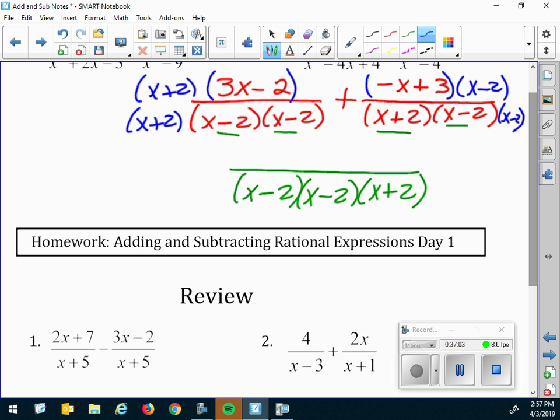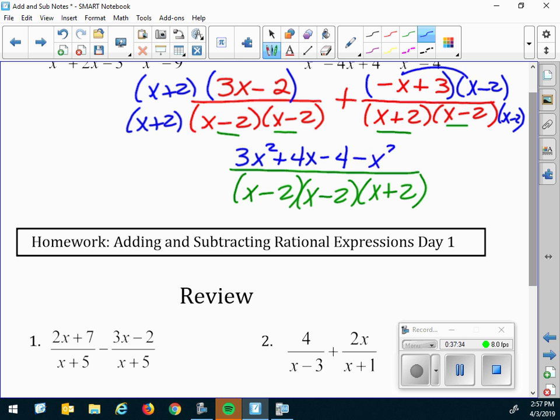First numerator. What am I going to do? FOIL. 3x squared minus 2x plus 6x is plus 4x. Now, I'm going to distribute over here.